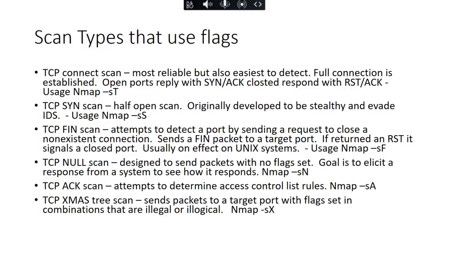Because if you are making all these active connections to a device or to the entire network from one IP address, that's going to be a huge red flag for an intrusion detection system or intrusion prevention system saying, hey, someone's scanning our network. All these full connection requests are coming from this one device.